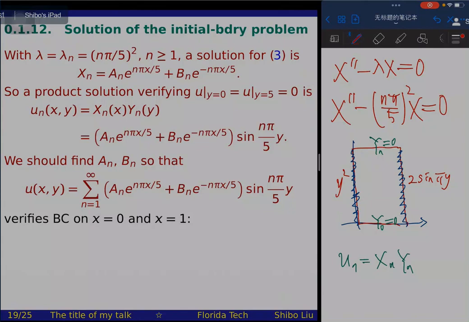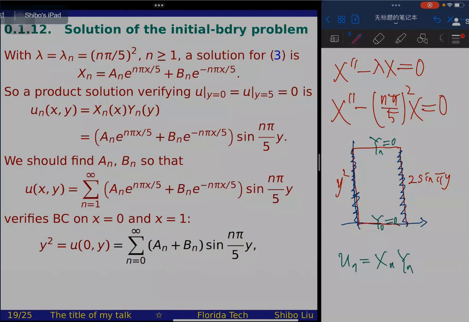How to determine the an and bn? We apply the boundary condition when x equals 0. So the boundary condition says that u(0,y) equals y squared. But u(0,y) is what? That is, in the series expression for u, let x equal 0. When x equals 0, the 2 exponential functions are both equal to 1.